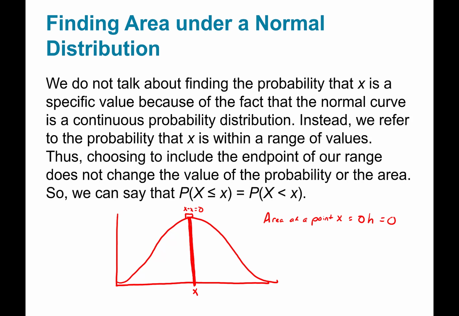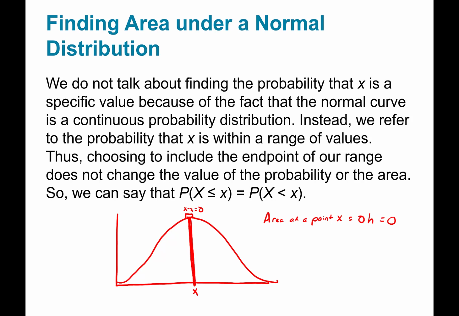And so we can't find probability at a specific value. We have to look at probabilities for a normal distribution on some range of values. So we have to have a range of values, and we either can or don't have to include our endpoints.